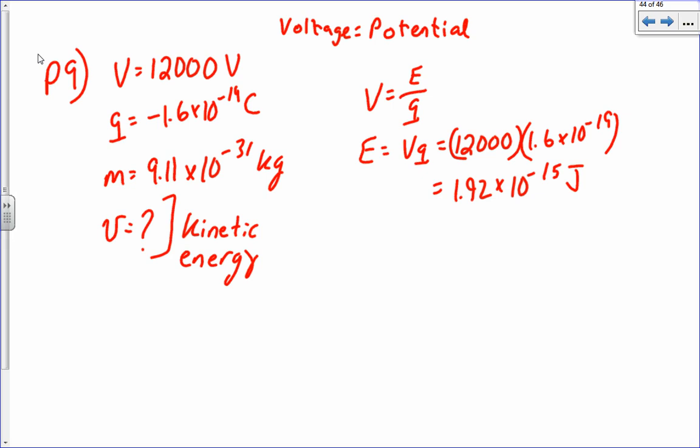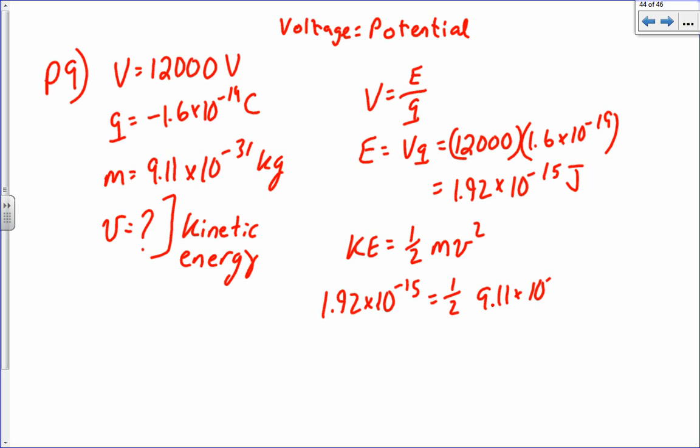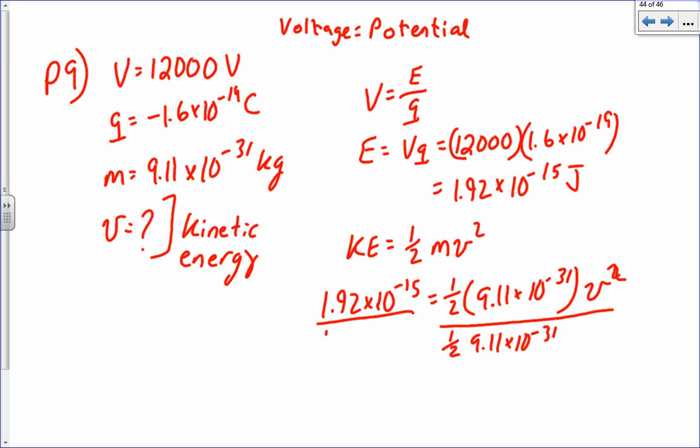And then this energy is the kinetic energy, which is 1/2 mv squared. 1.92 times 10 to the minus 15 is equal to 1/2 m v squared. I'm going to divide both sides by 1/2 m. Then I'm going to square root both sides.